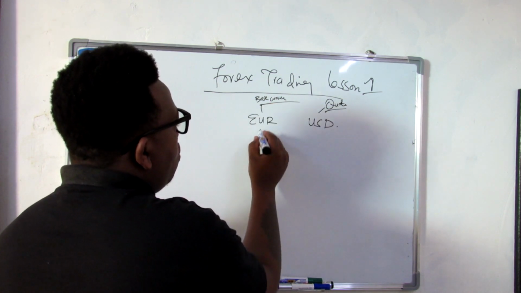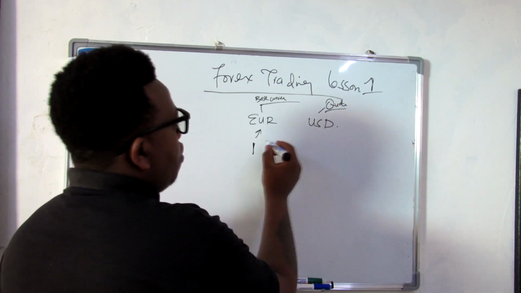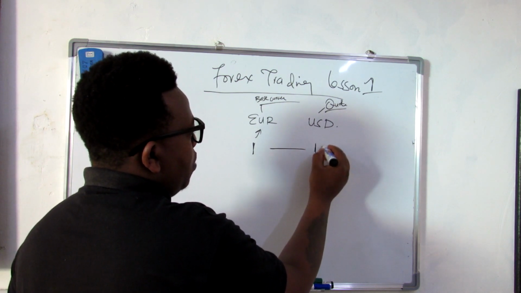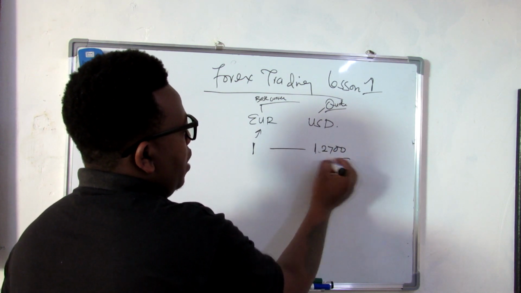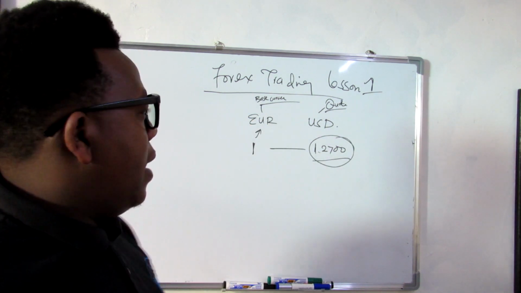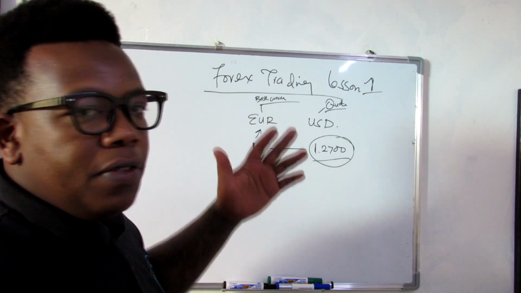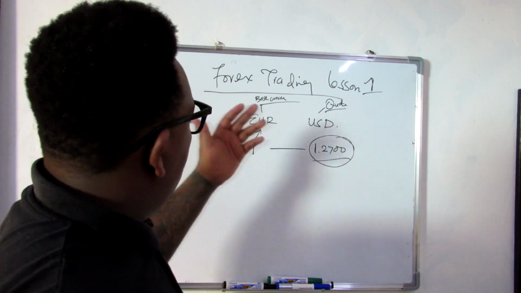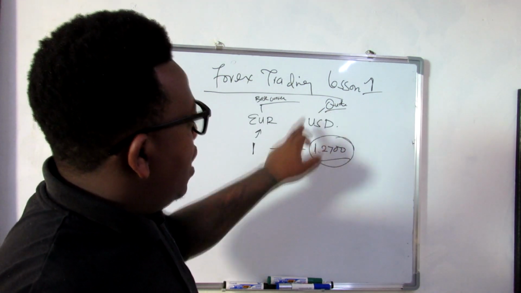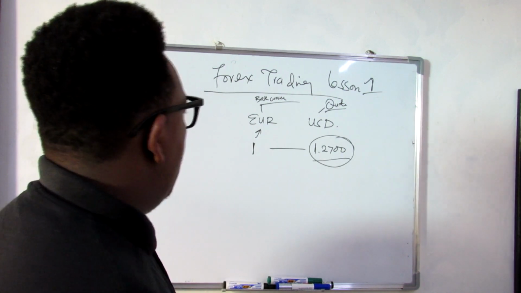The base currency always has the value of 1, in comparison with the quote currency, which could be something like 1.2700, depending on where the market currently is on the charts. Each and every time the base currency is always 1, while the quote currency is what you see on the chart every single time.